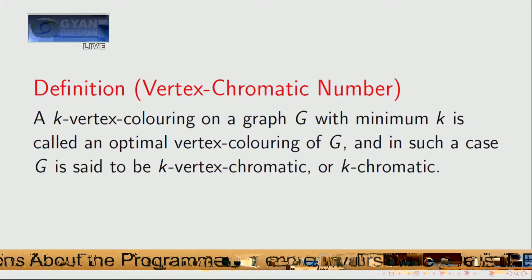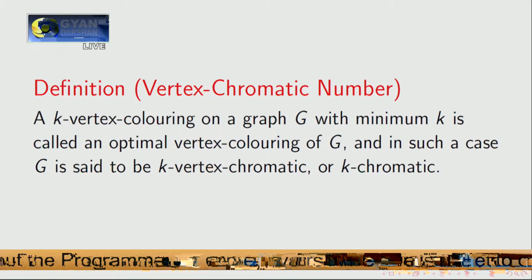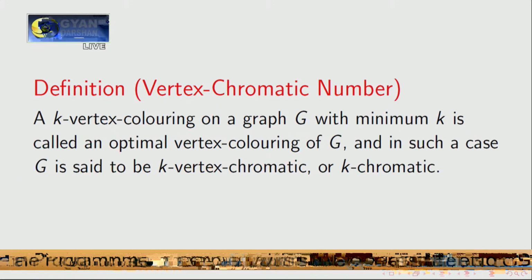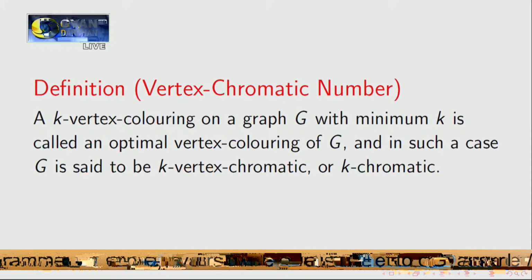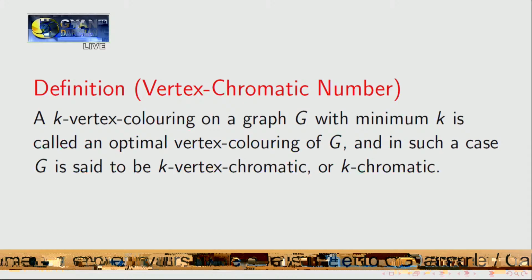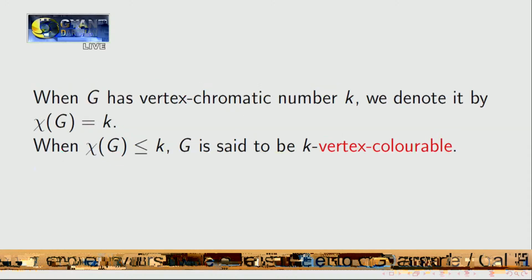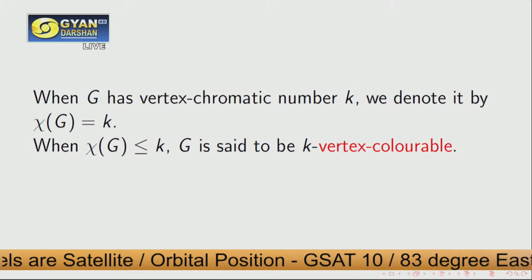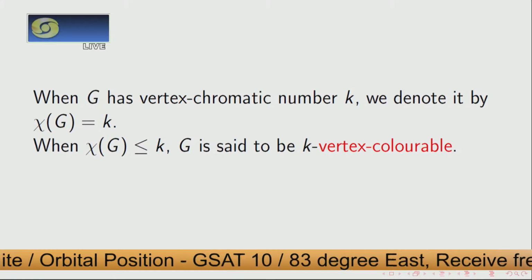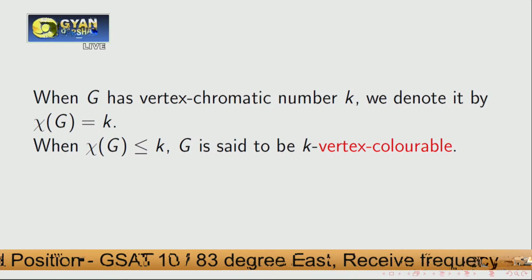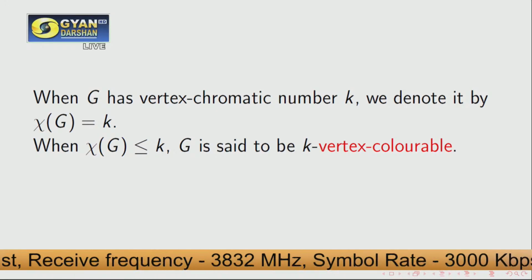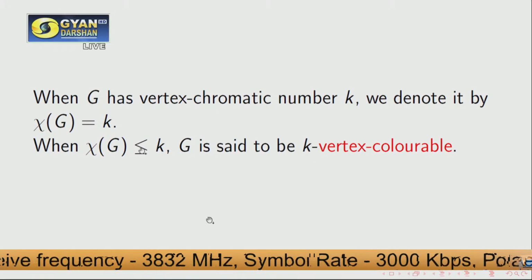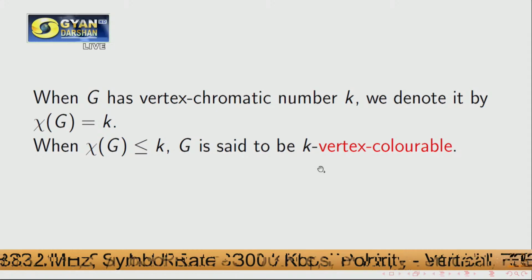So to find the chromatic number, we need to find a k vertex coloring of a graph where k is as small as possible. In notation we write chi(G) = k, so that G is k chromatic, or G has vertex chromatic number k. And when chi(G) is less than or equal to k, we say that G is k vertex colorable.